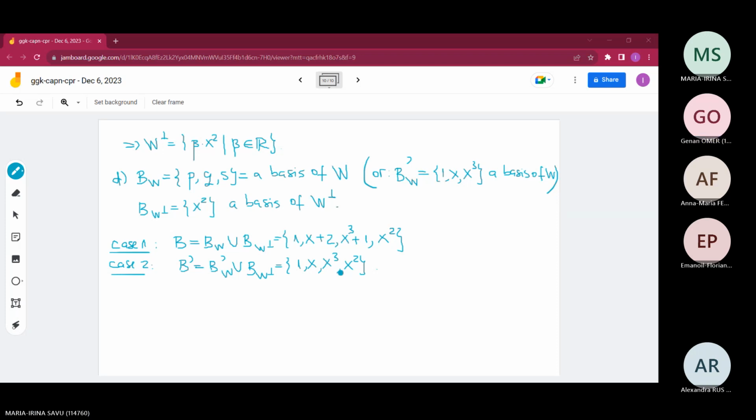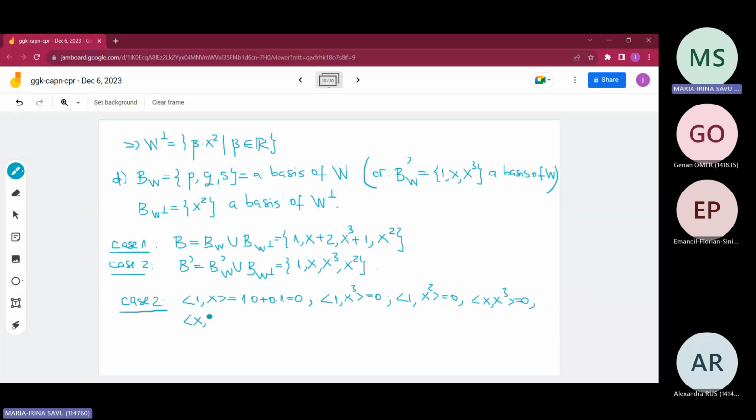Yes, they are, because the product of 1 and x is 0, 1 and x cubed is 0, 1 and x squared is 0, x and x cubed is 0, x and x squared is 0, and x cubed and x squared is 0. So it means that B prime is orthogonal.